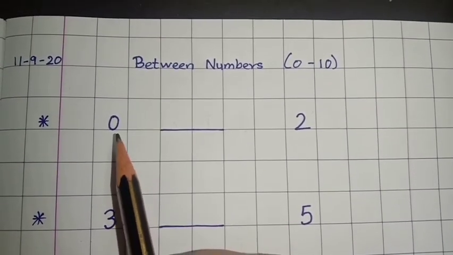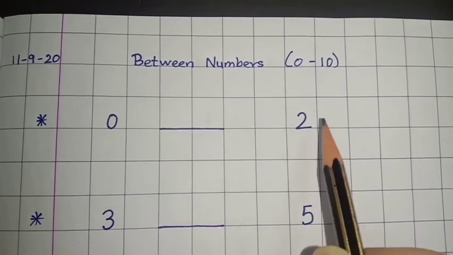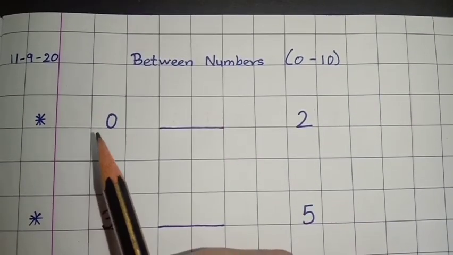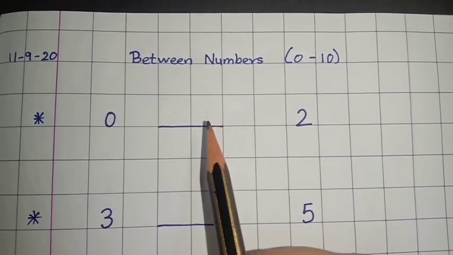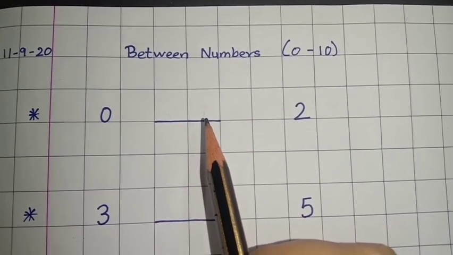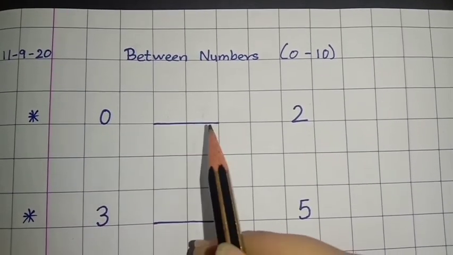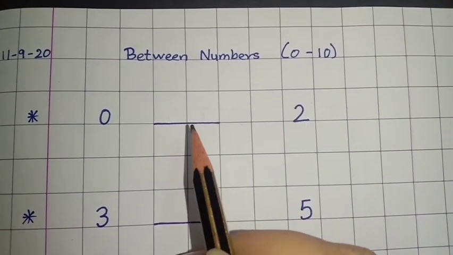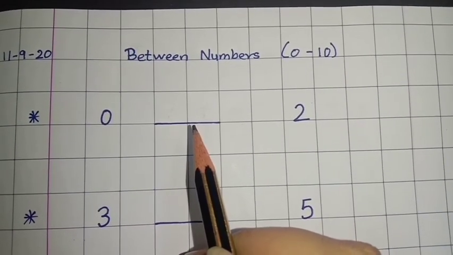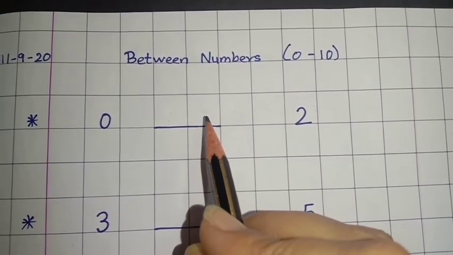So kids, which number is this? Yes, number 0. And which number is this? Number 2. So let's start counting the numbers. 0, 1, 2. So now tell me which number I will write here. Which number comes after 0 and which number comes before number 2? Number 1. But number 1 is a single digit number, so we will write in the second box.